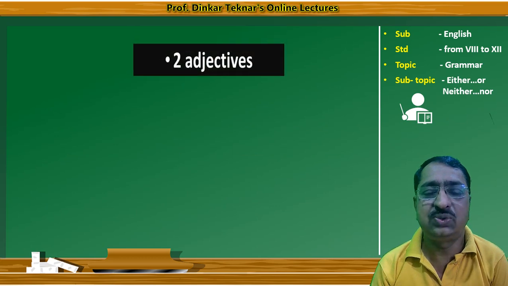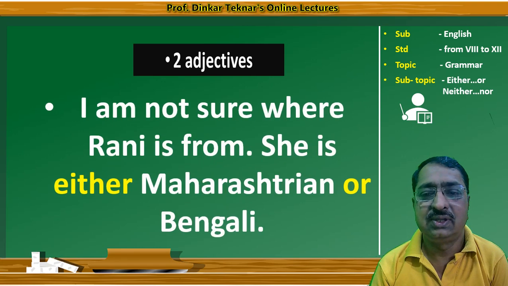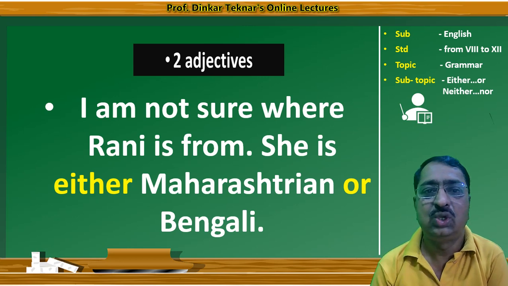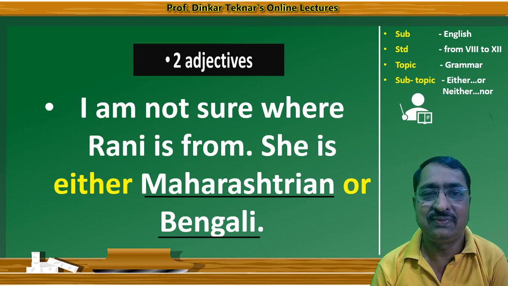Now two adjectives. Look at the examples. I am not sure where Rani is from. She is either Maharashtrian or Bengali. In this sentence, two adjectives are Maharashtrian and Bengali.